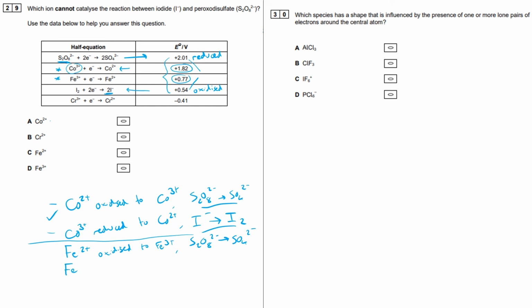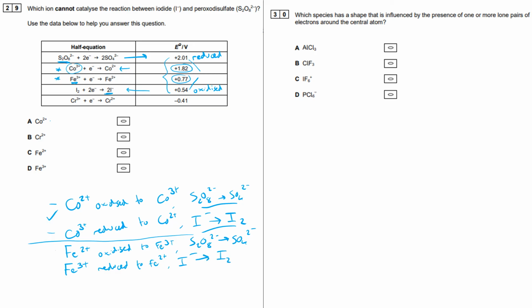The Fe3+ on the left of the equation is more positive than the equation below it with iodide. So the Fe3+ would be reduced back to Fe2+, and the iodide would be oxidized to I2.